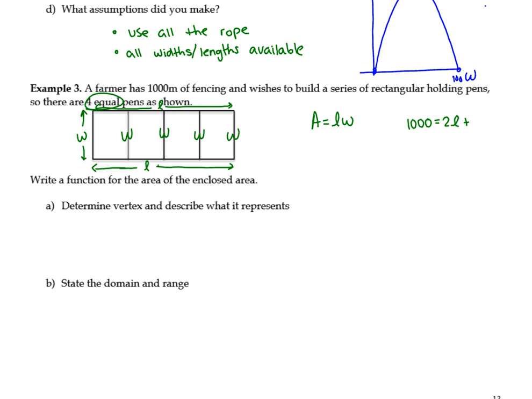There's 5 because you actually have to start and finish. 5 widths. Who do you want to solve for? Length or width? Length by itself? Sure. Okay. Let's get length by itself. So first step: minus 5W.